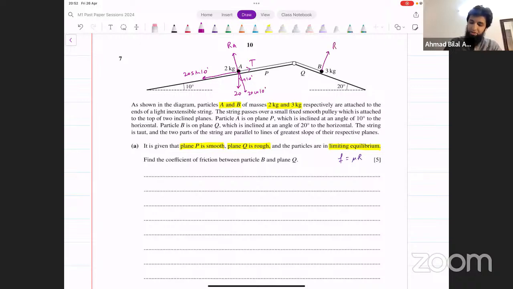There's reaction in this direction. There is weight acting vertically downwards, which would have a magnitude of 30 Newton. There's tension acting in this direction. And there's friction as well. Let's see in which direction is that going to act. Does that say here anywhere?